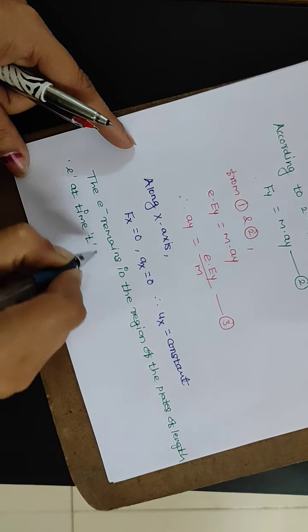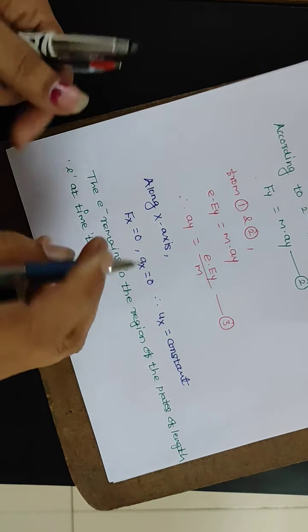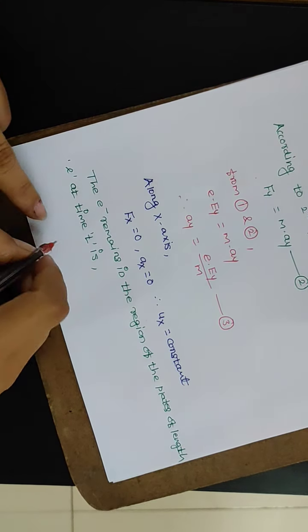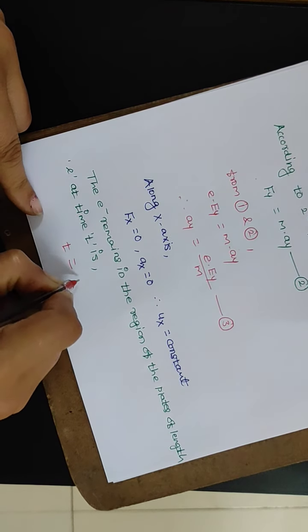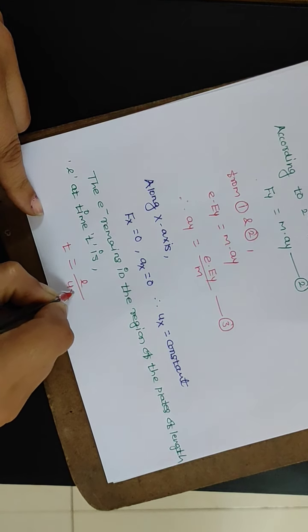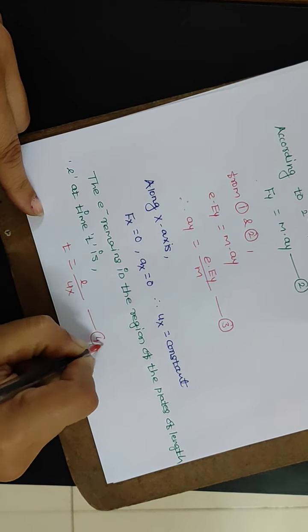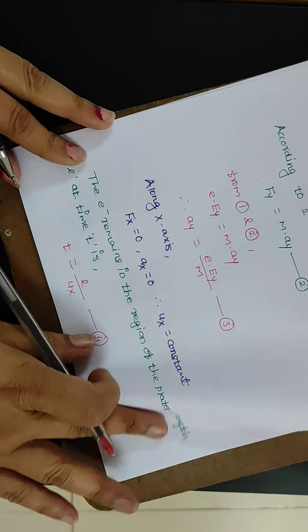This is the length of the plate. We can write t is equal to L divided by ux. Give this equation number 4.